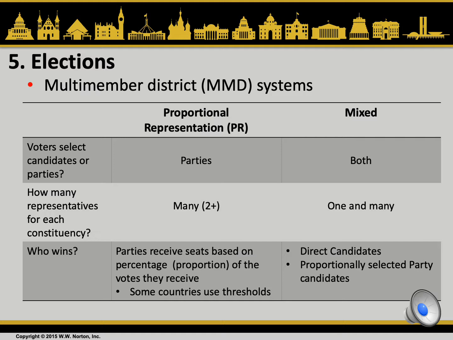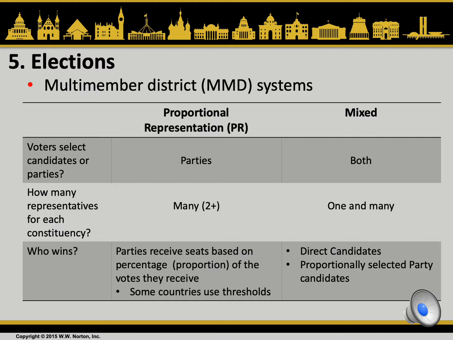So voters really elect or select a party, and then the parties present their candidates, the numbers of which are reflected in the proportion of the votes that the party receives. So the logic here is that multiple interests, multiple parties, will actually represent more of the constituencies within the districts.